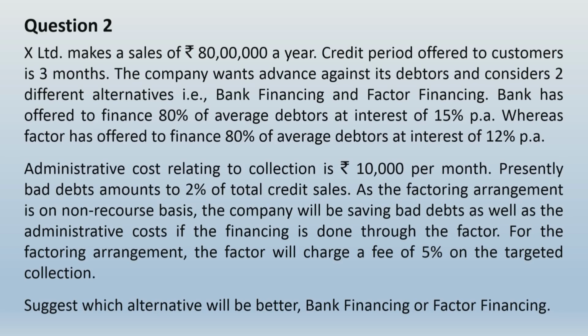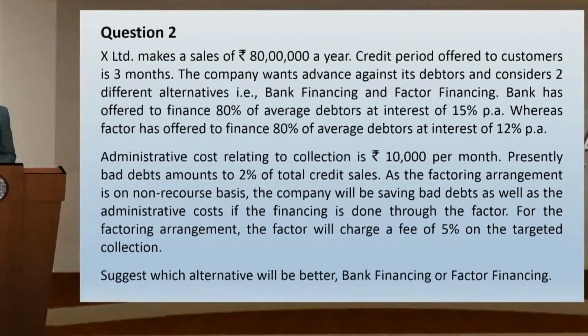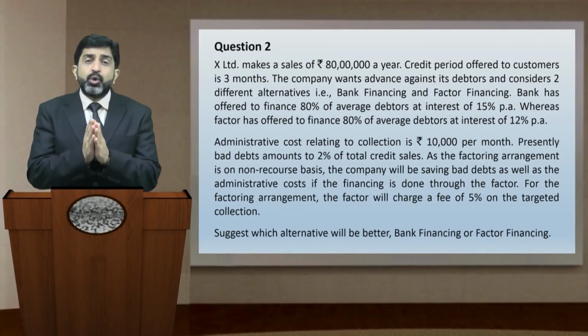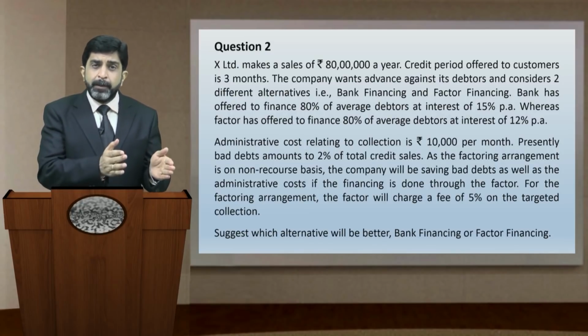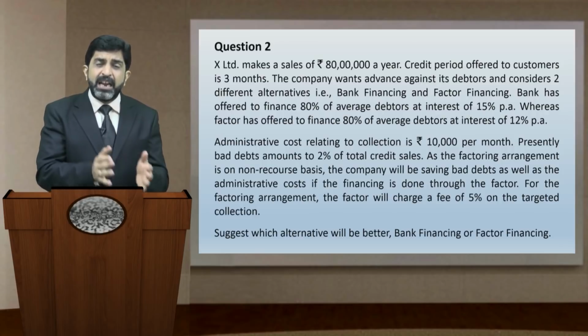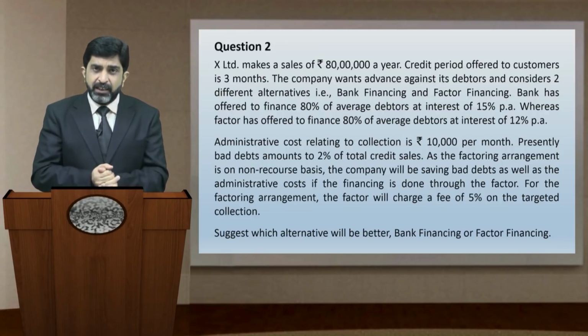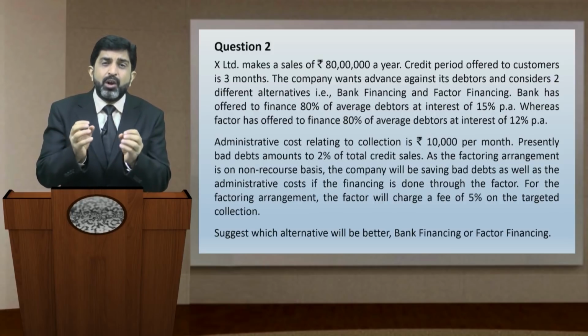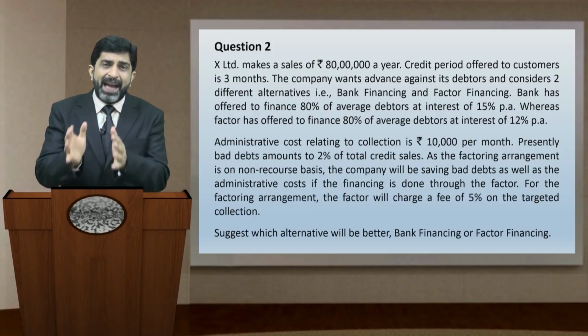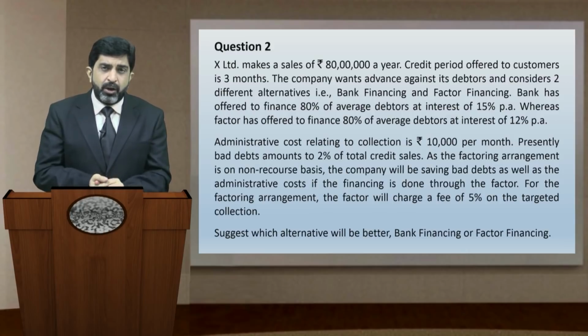Now what is something different in this question if we look into? Here we have 2 different ways in which we can raise funds. One is by factor financing and one is by bank financing. That means you can arrange the finance, arrange working capital loan kind of from the bank also. Now what will happen?